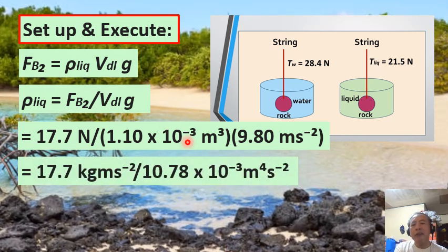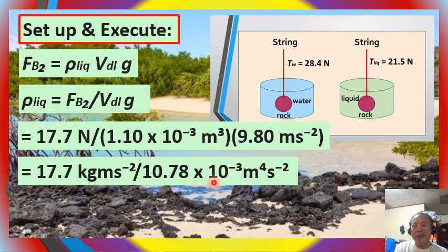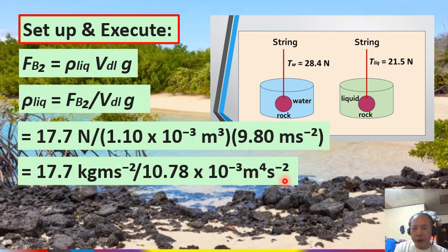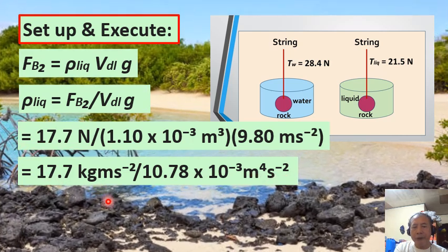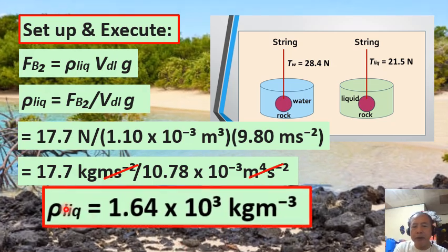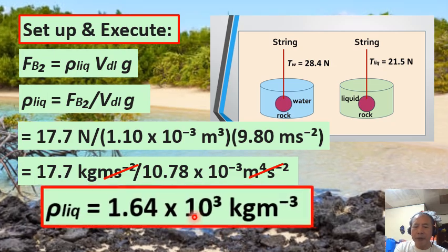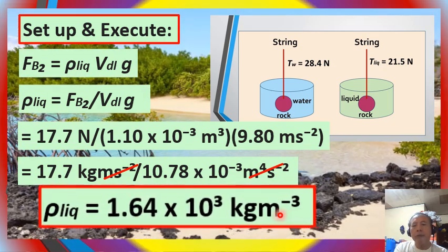Multiplying the quantities in the denominator, we get 10.78 × 10^-3 meter to the fourth power per second squared. And simplifying further, we finally get the density of the unknown liquid equal to 1.64 × 10^3 kilograms per meter cubed.